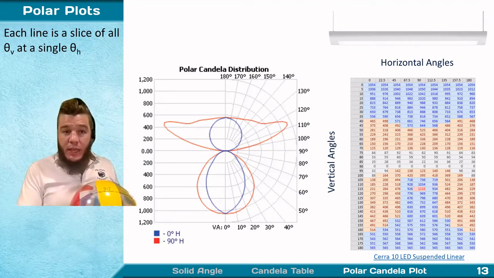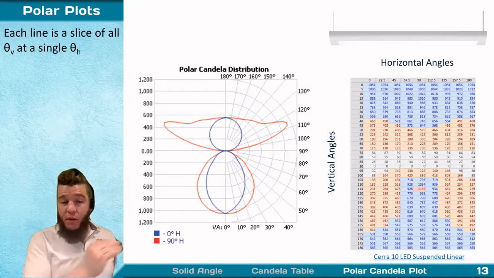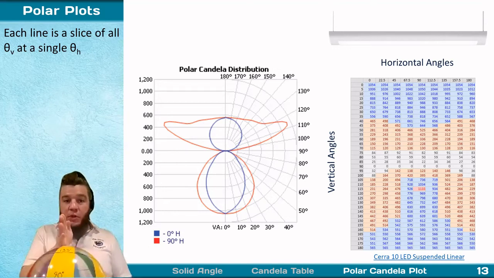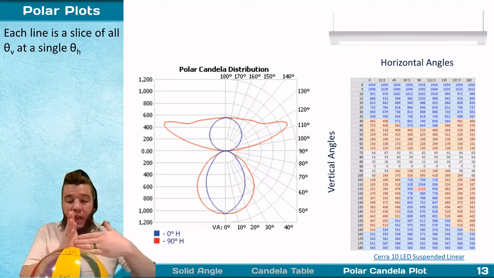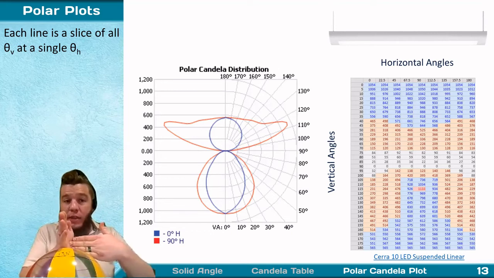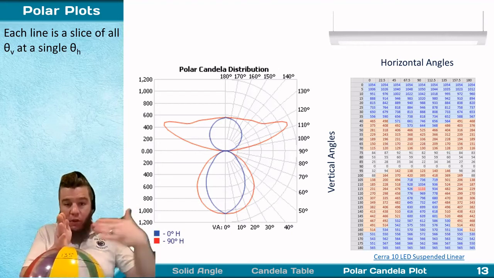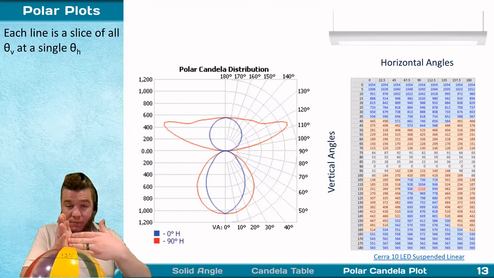You can see in the key right here that the blue line represents the 0-degree horizontal slice and the red line represents the 90-degree horizontal slice. Essentially, we're taking slices perpendicular to each other, so we can get a quick look at the way that light is distributed from this luminaire along the long axis and along the short axis.